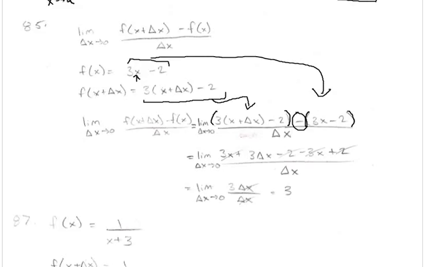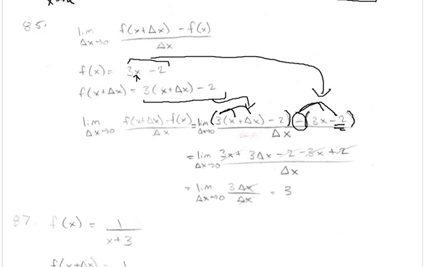So if I do my distribution, I get 3x plus 3 delta x minus 2, and then I distribute the negative sign inside of the second term, so I get minus 3x plus 2. Remember, the minus carries over into this quantity right here, so instead of being negative 2, it becomes plus 2.